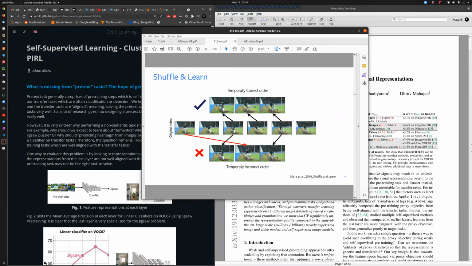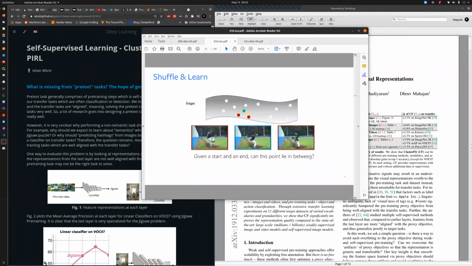So if it is the third frame or the fourth frame or the nth frame in the 0 to n plus 1 frames, what's the temporally correct order of the video in a frame. So this is also important.